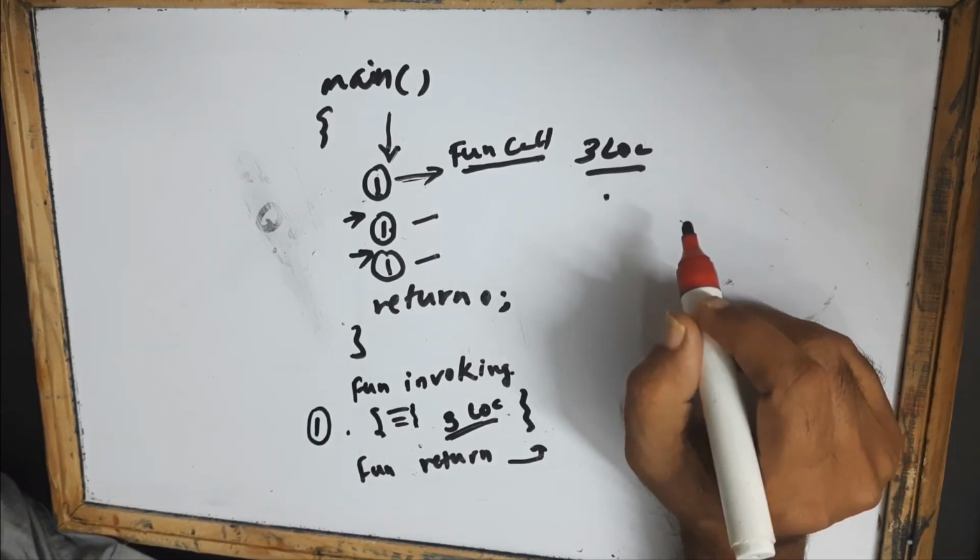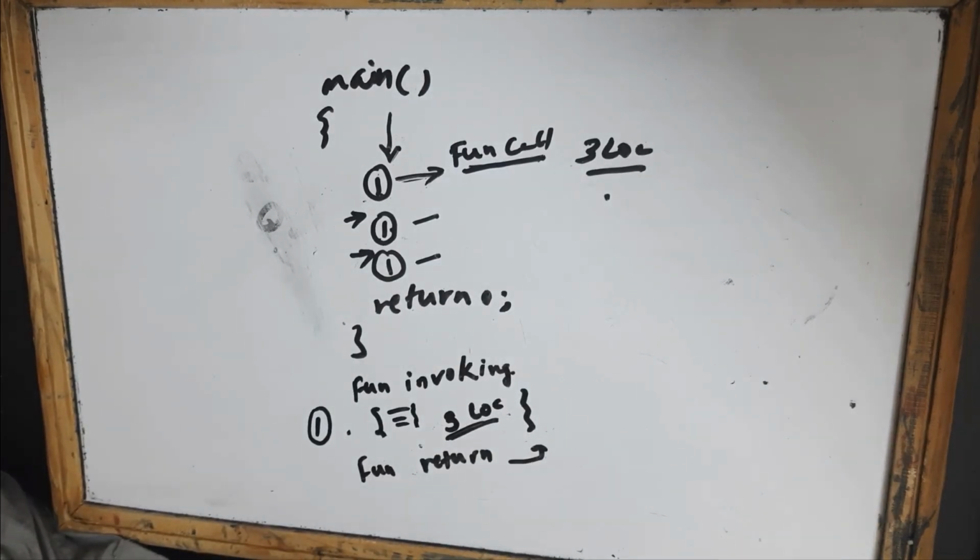If it is a function of bigger length, more than 50 or 100 lines of code, then implement the function. This way you will get the advantage of function.